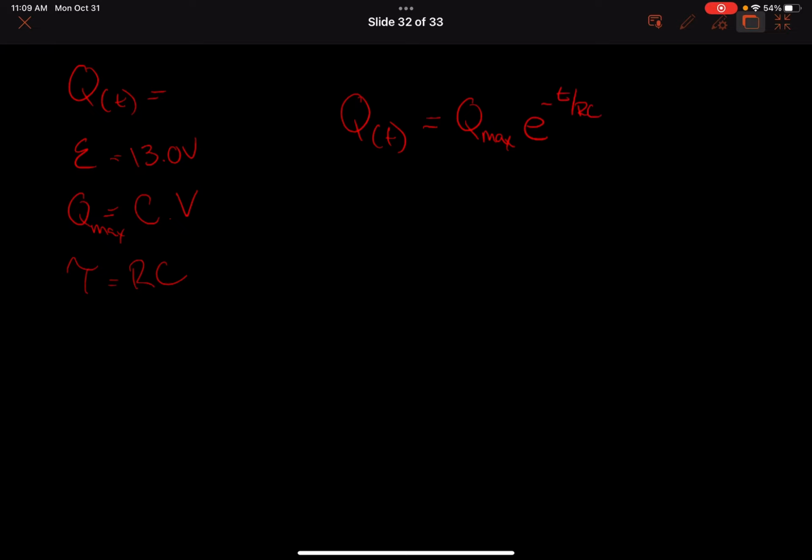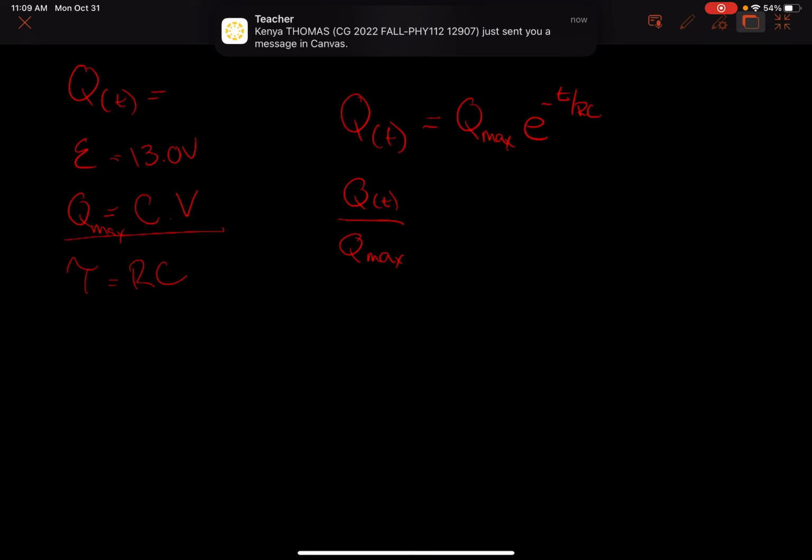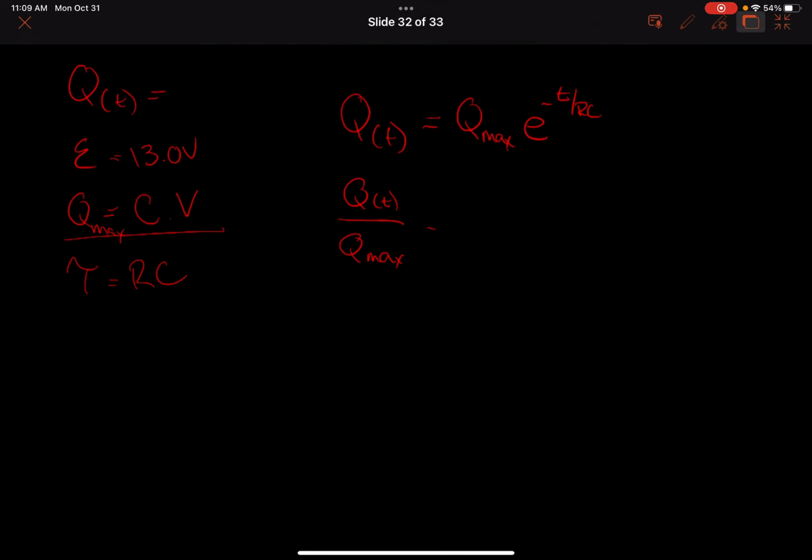I'm going to go ahead and put RC in there because I don't know what tau is right now, and I don't necessarily need to, right? So then I'm going to do my charge at any given time over my charge maximum. Charge maximum, again, you have to calculate that. And that's going to equal e to the -t over RC. Okay. And so then you can go through this and determine what your time is, right?